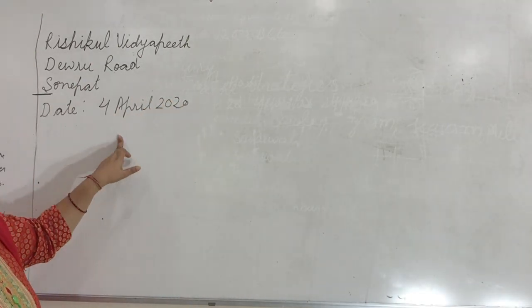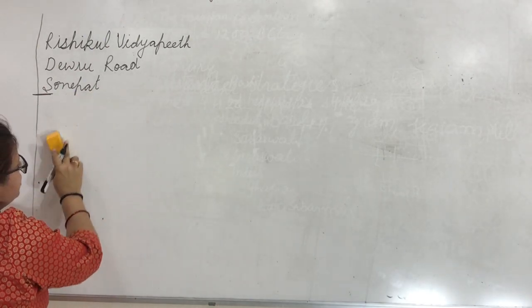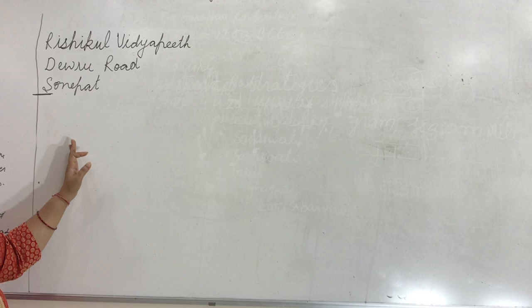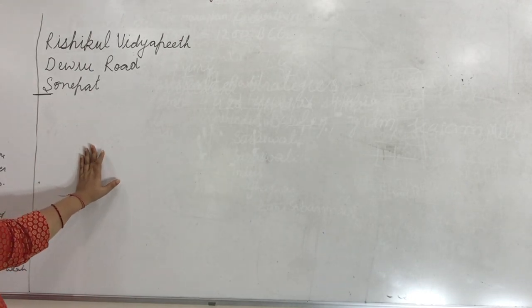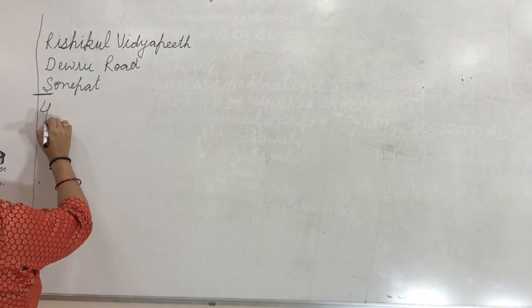Is it correct? No. Because when you are writing 4 April 2020, it itself explains that it's a date. So you are not supposed to write DATE before writing the date. Okay? 4 April.